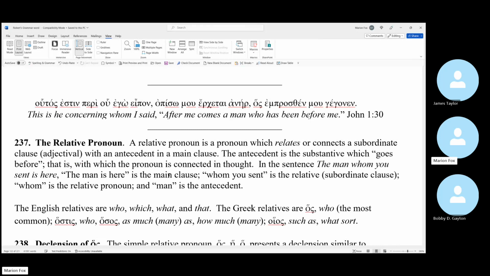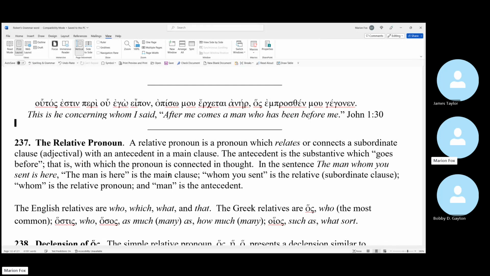Post means after. Ante, A-N-T-E, is Latin for before. So it takes something that goes before it. That's the normal case. The antecedent is a substantive, something that functions like a noun.